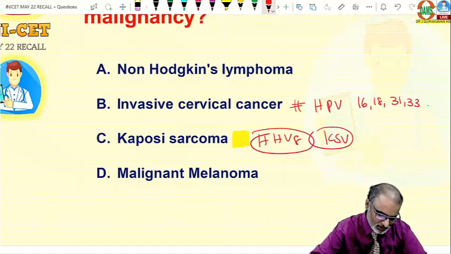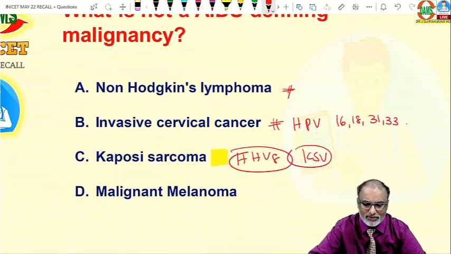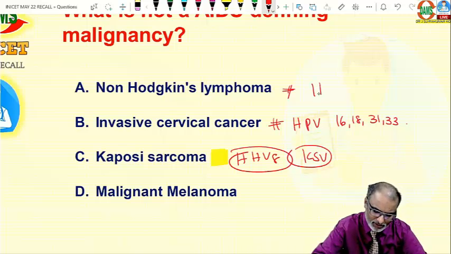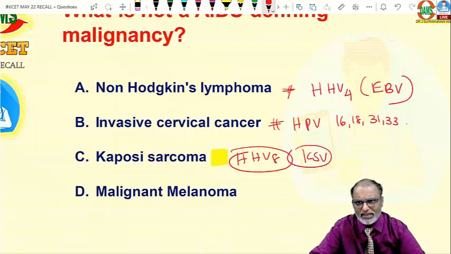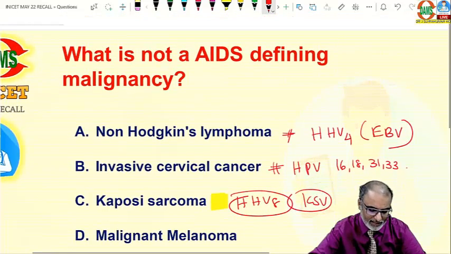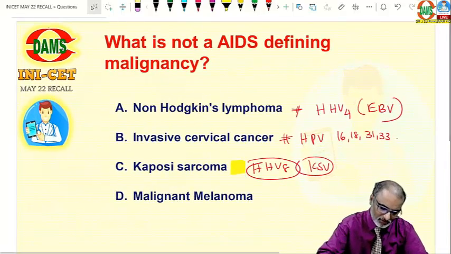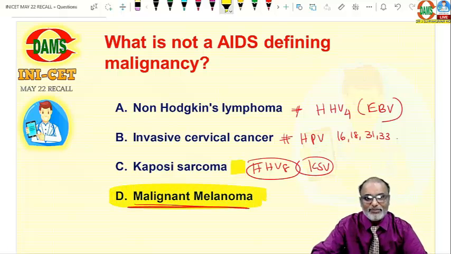And the third one is non-Hodgkin's lymphoma. Many agents are causing it, and if you see virology, human herpes virus 4, otherwise called Epstein-Barr virus, is one among the agents. So non-Hodgkin's lymphoma, invasive cervical cancer, Kaposi sarcoma are AIDS defining malignancies, not malignant melanoma. It is not an AIDS defining malignancy.